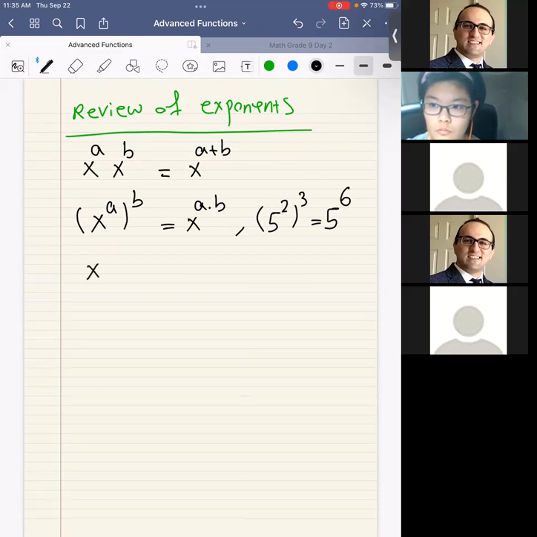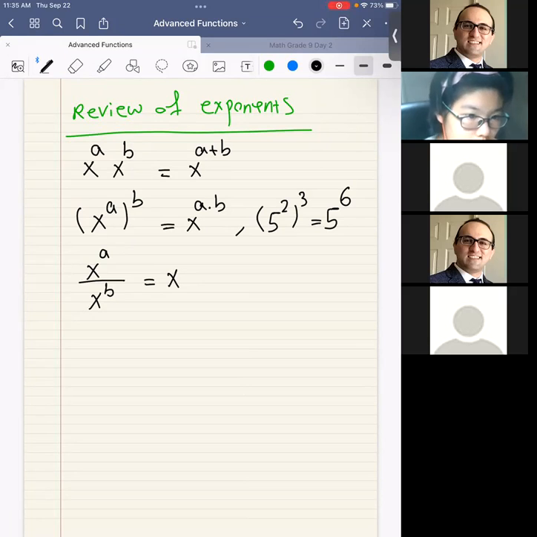Now, when you divide two exponents, or two powers, like x to the power a divided by x to the power b, then this would be x to the power a minus b.